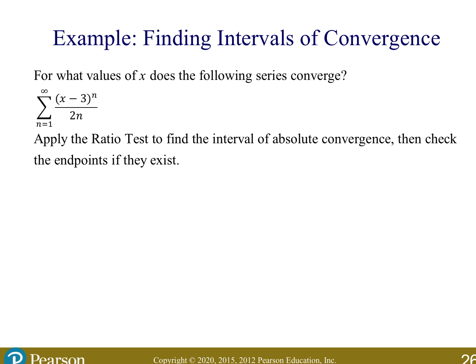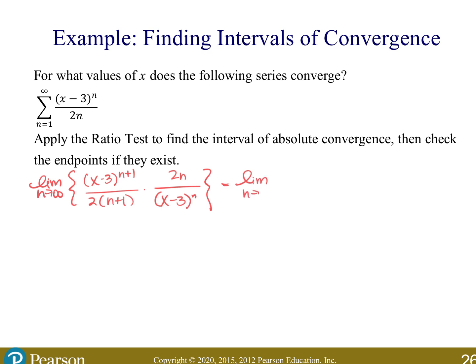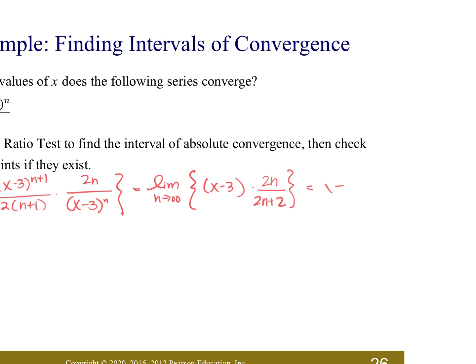All right, so we want to apply our ratio test and come up with our convergence interval. So we'll have x minus 3 to the n plus 1 over 2 times n plus 1 times 2n over x minus 3 to the n, and then we reduce. As I'm reducing, I'll get x minus 3, and then I'll have 2n over 2n plus 2, which L'Hopital will get me 1, so I'm just left with x minus 3.